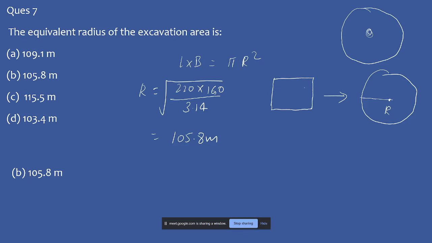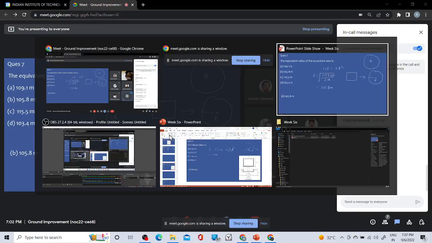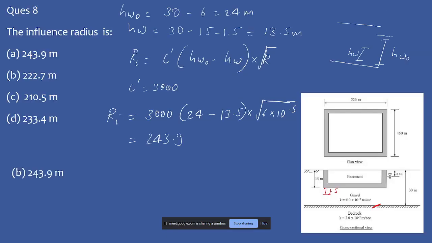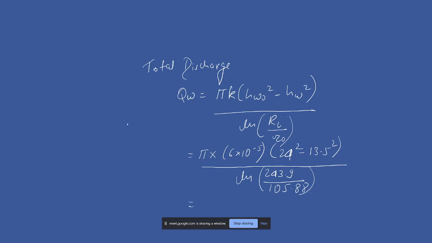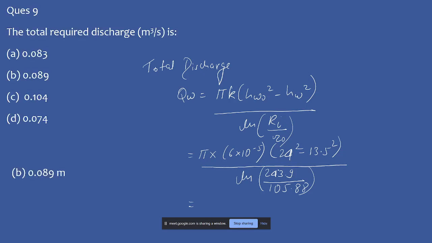We have evaluated it in question number 7. You can check that. For the whole excavation area, how much is the equivalent radius? That is 105.88. And if you calculate this, how much are you getting, guys?